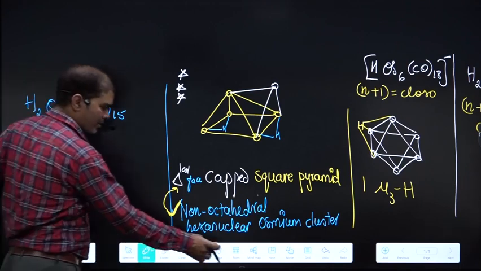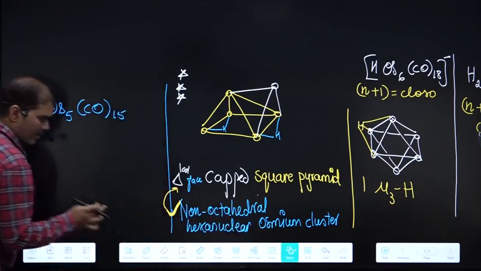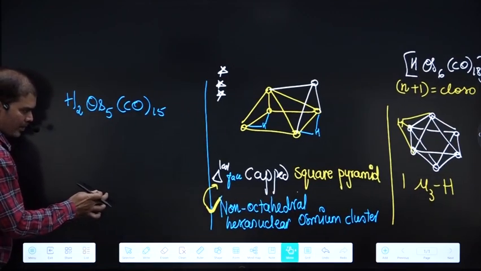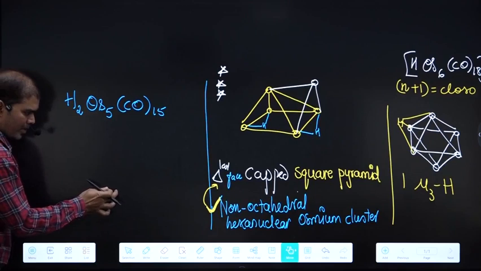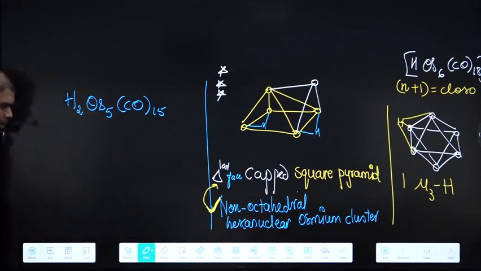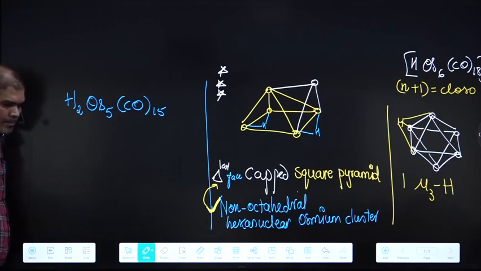Next, it has two edge bridging hydrogens that are cis to one another.